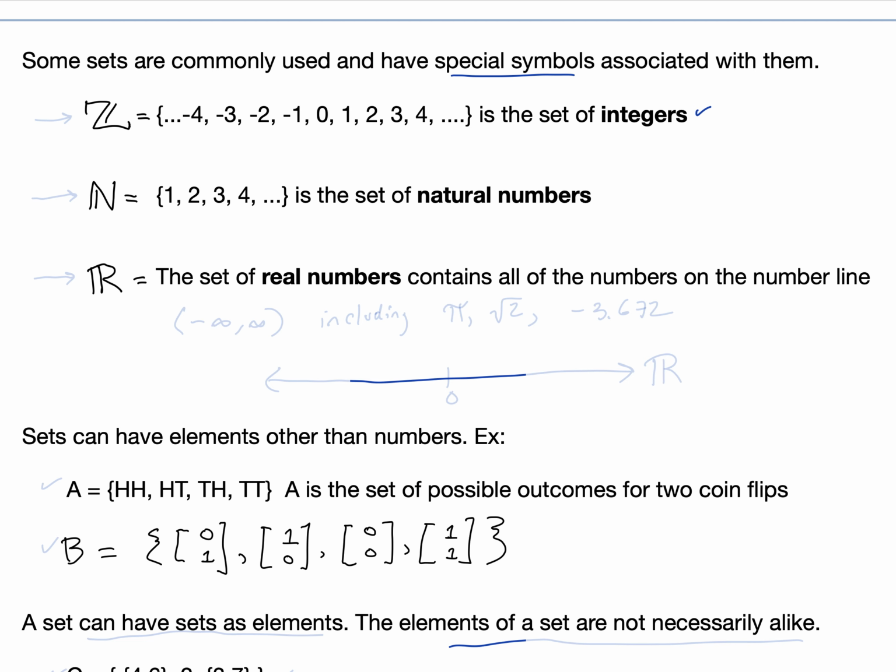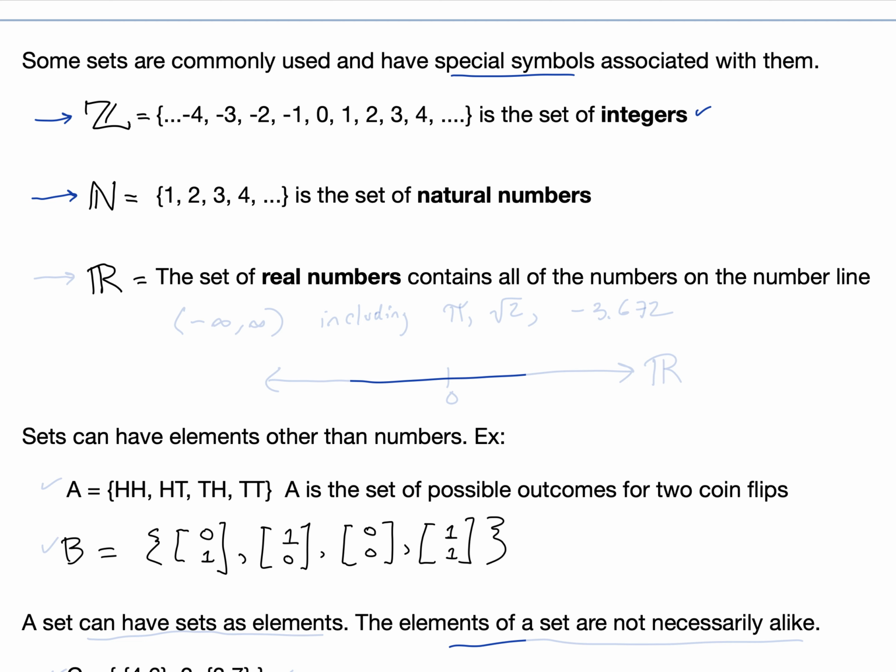The set of integers contains positive and negative whole numbers as well as 0: -4, -3, -2, -1, 0, 1, 2, 3, 4, etc. And that is denoted by a bold-faced Z. The set of natural numbers, so the counting numbers 1, 2, 3, 4, etc., is denoted by a capital letter N. Again, these extra lines were originally meant to signify boldface, like in a typewriter, but we still have carried on this symbol.